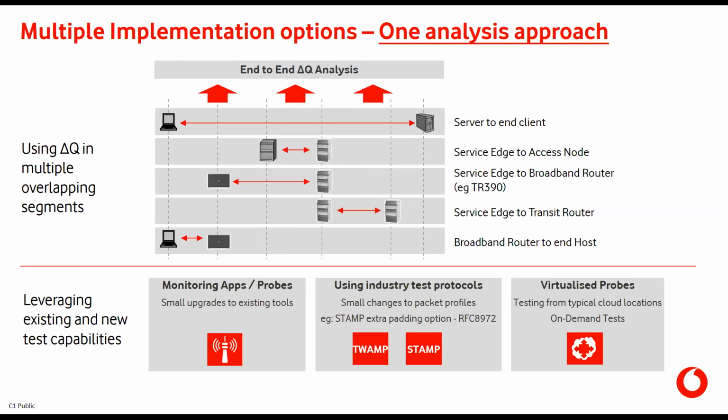The next one is interesting, because most operators have a large number of network-level probes, generally using standardized test methodologies such as TWAMP, which is RFC 6038, and STAMP, which is RFC 8762. Those can be used.